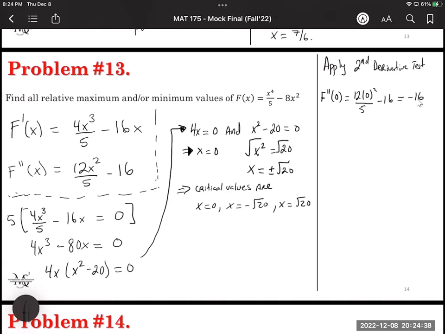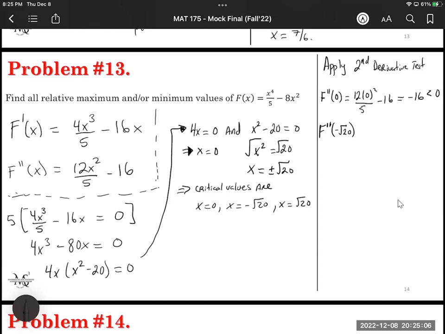Is it going to be less than or greater than 0? Less than. Yes, less than. It's less than 0. So because we get less than 0 here, this is going to be a relative max. So I'll write out the summary at the end, but just keep in mind that because it's less than 0, it's a relative max.